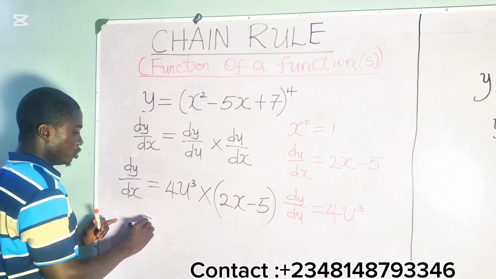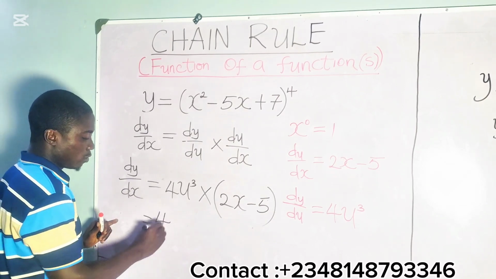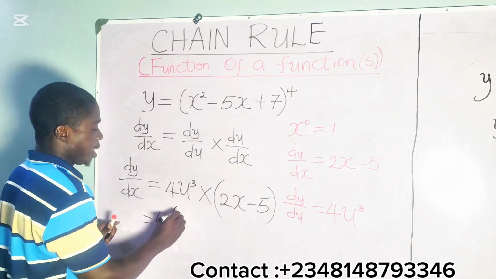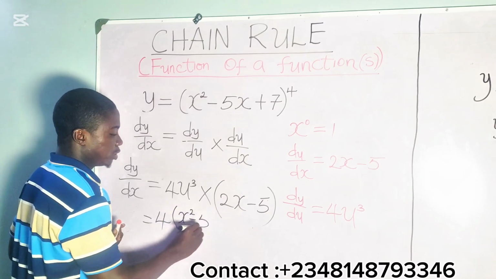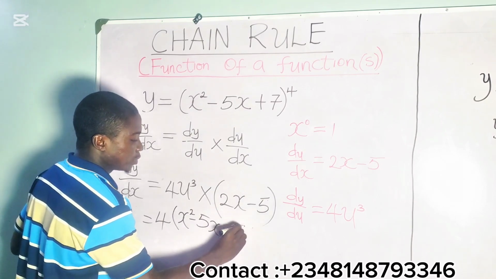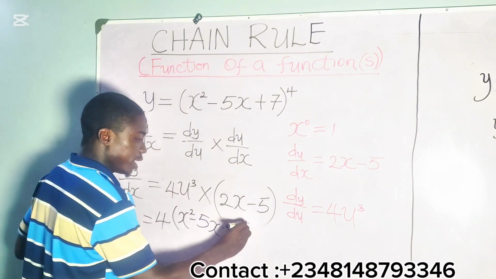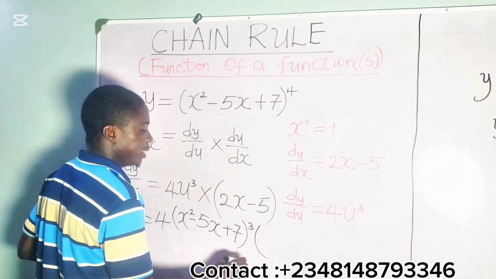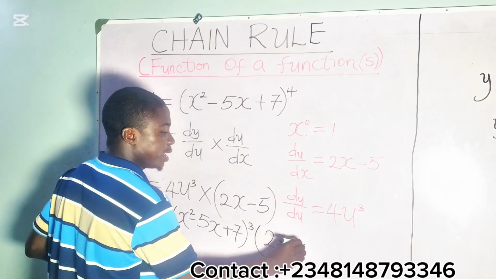So therefore, dy over dx becomes equal to 4 multiplied by (x raised to power 2 minus 5x plus 7), all raised to power 3, since u here is raised to power 3, and then multiply by (2x minus 5).